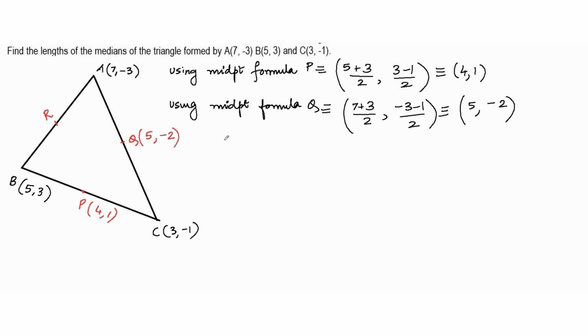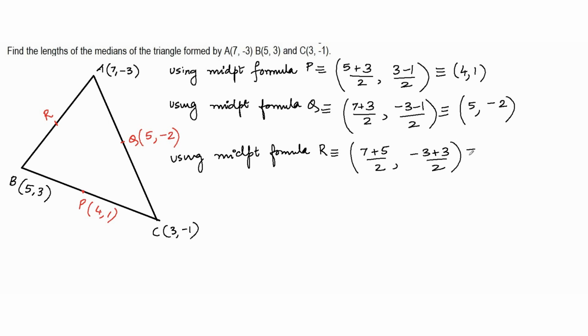Similarly, I can find the midpoint R. So using midpoint formula, the coordinates of R would be, so R is the midpoint of AB, so that's going to be 7 plus 5 by 2, minus 3 plus 3 by 2, and that is going to be 12 by 2 is 6, 0. Therefore, the coordinate of point R is going to be 6, 0.